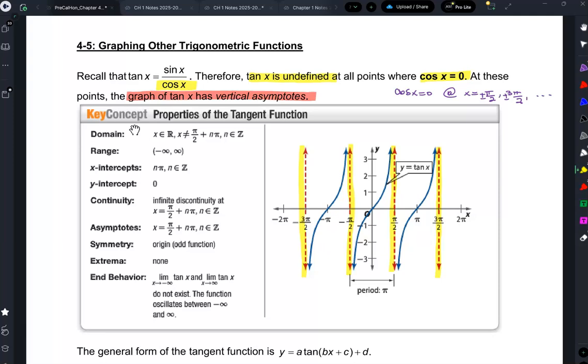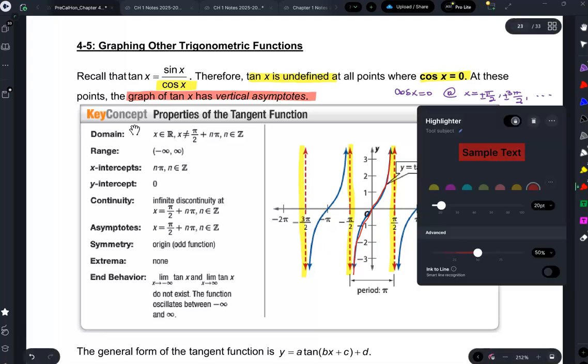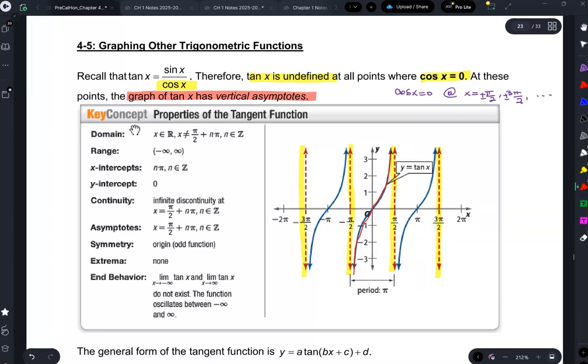Okay, now, what does one cycle of the tangent look like then? One cycle of the tangent looks like this, okay? And so cosine and sine started at 0 and went to 2 pi. Tangent then, that initial cycle, starts at negative pi over 2 and goes to pi over 2, right? How much is the distance between them?